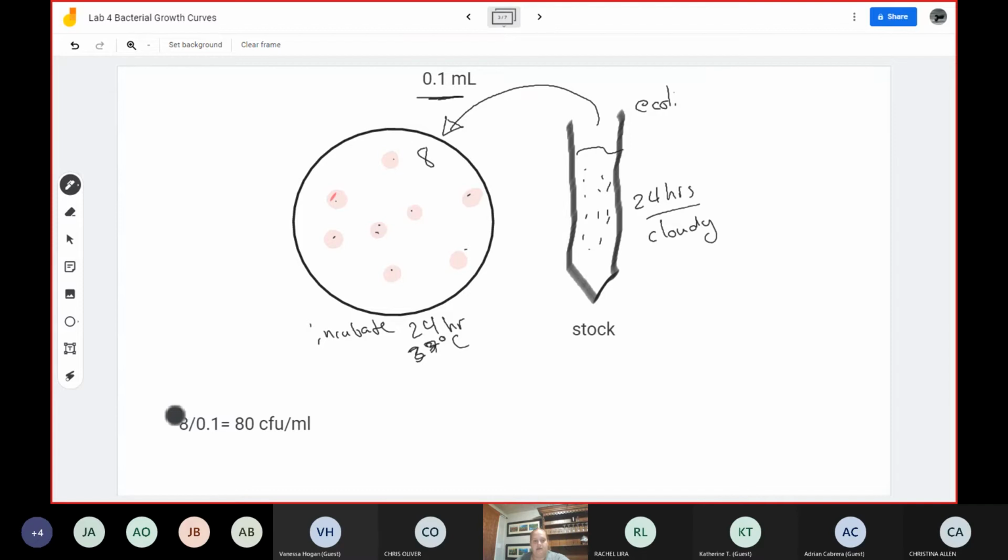It's 8 colonies, or CFU, over 0.1 milliliters, because that's what we used to plate it. So 8 divided by 0.1 would equal 80 CFU per milliliter. And that is how you would set up that equation.